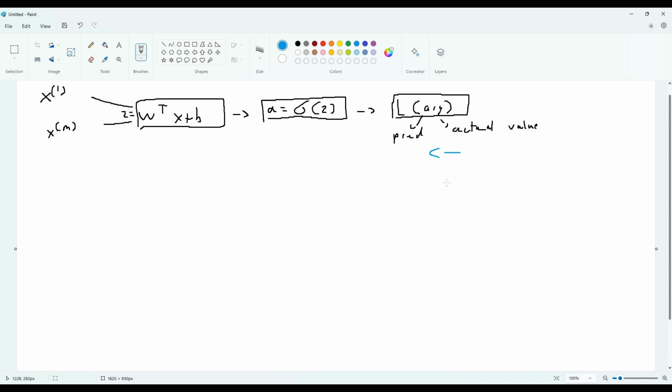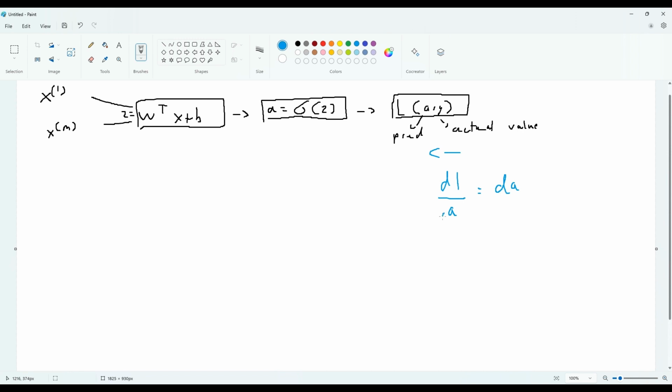So if we take, say, the derivative of our loss with respect to our a function. So the derivative of our loss with respect to our a function, that's going to equal the derivative of a.